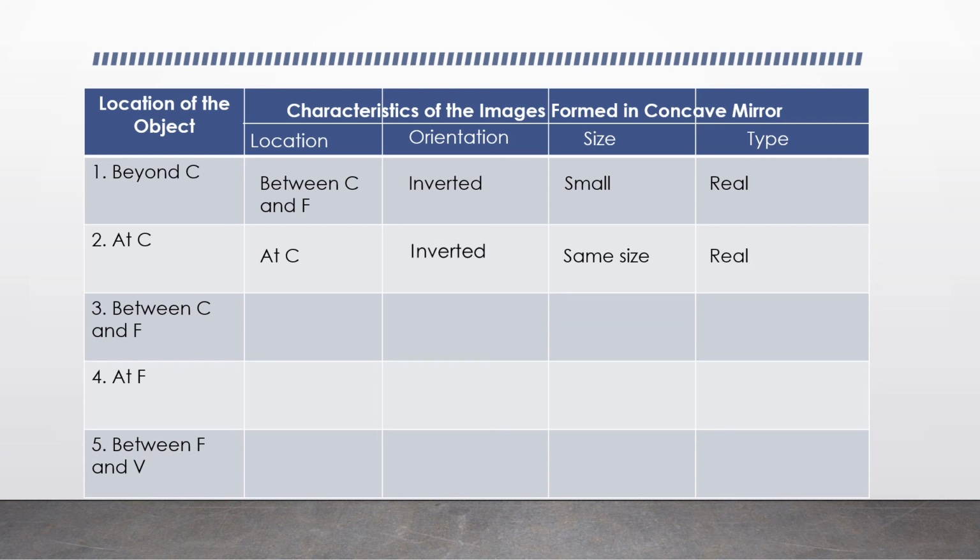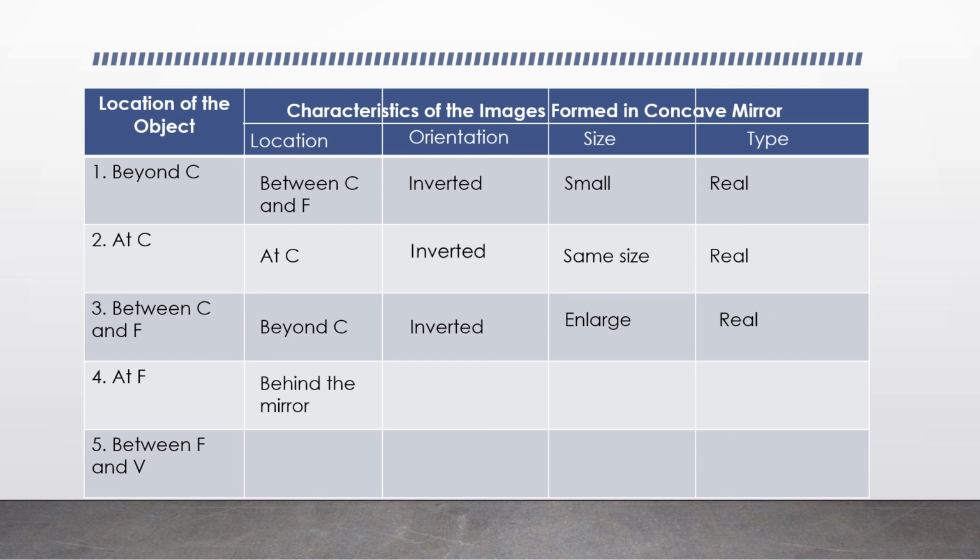What about if the object is located between C and F? Where can you find the image? The image is found beyond C. Then the orientation of the image is inverted. The size of the image is enlarged and the type of the image is real. What if the object is at F, at the focus? How will you describe the characteristics of the image formed?